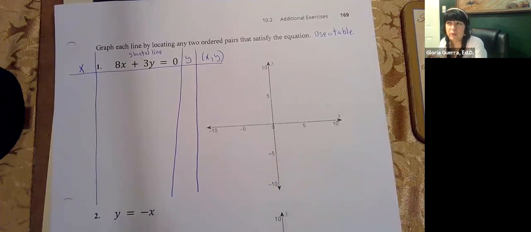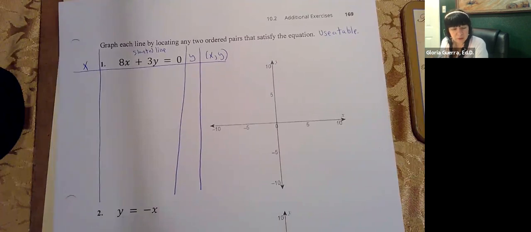You will never be able to plot like 114 or -215. So you always have to pick things that satisfy the equation but are within that limit.